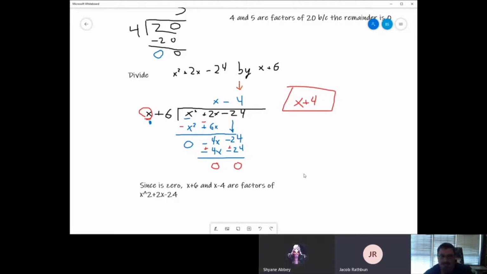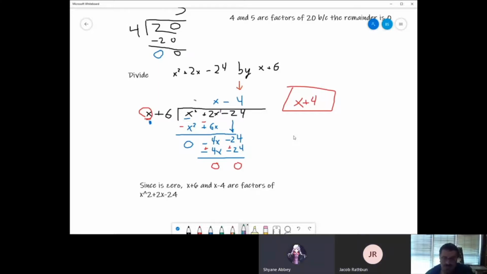Now, a couple things to keep in mind when you do long division, and synthetic division for that matter: first, you have to be in a single order. It has to go x squared, then x, then constant. So you start at the highest power and you go down.